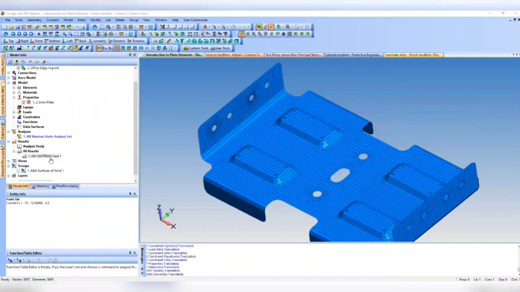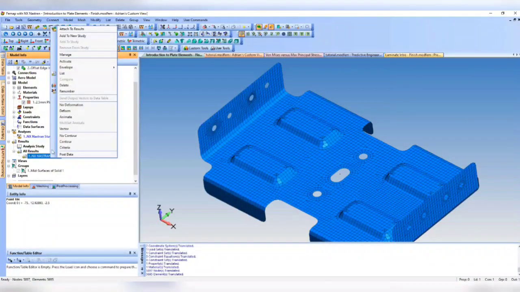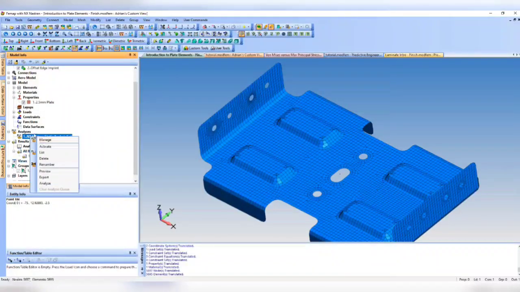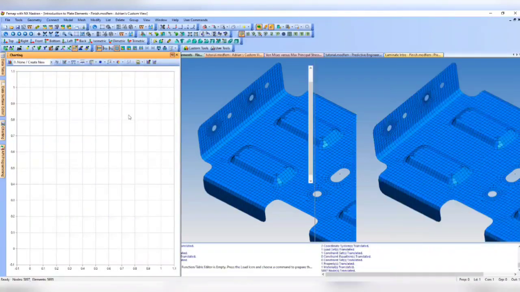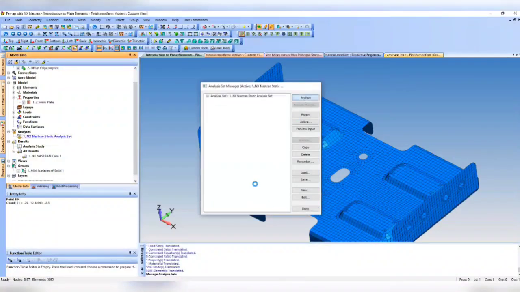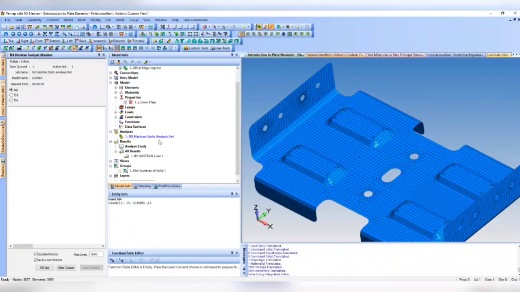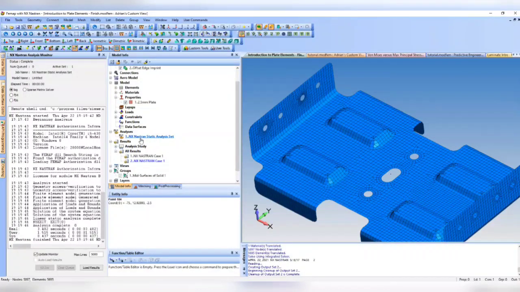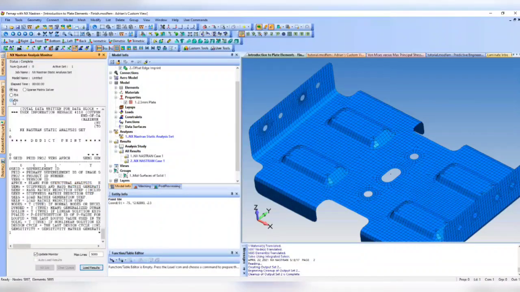I will go ahead and run this. Analyze. So right now I basically exported that file that I just showed you, the Nastran input file, and it's running in Nastran right now.